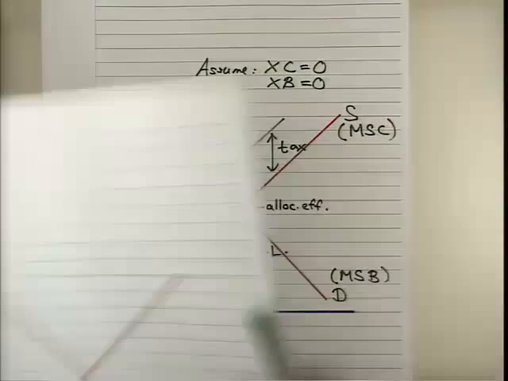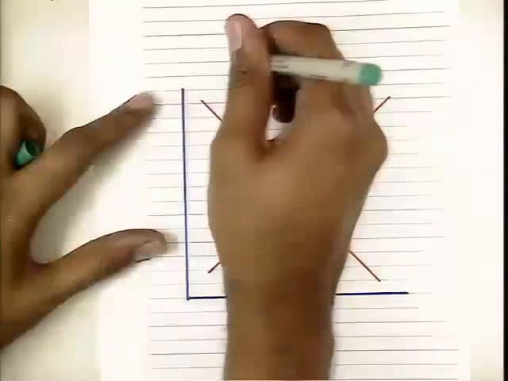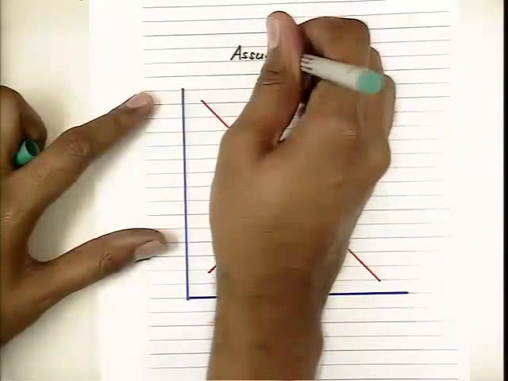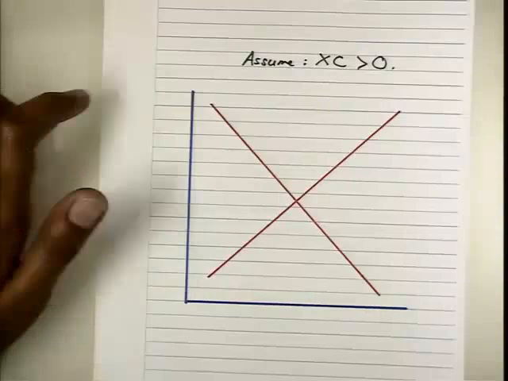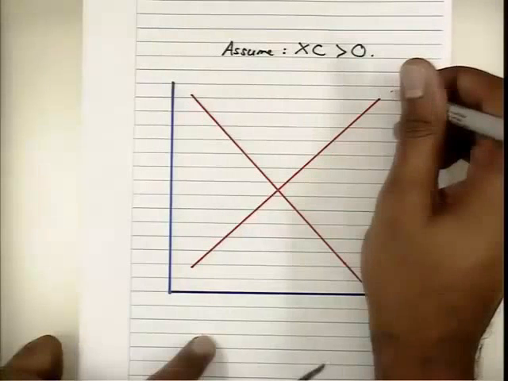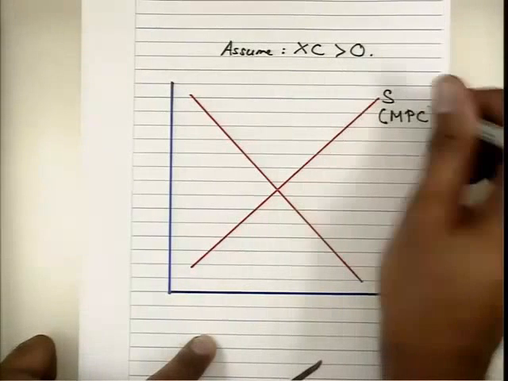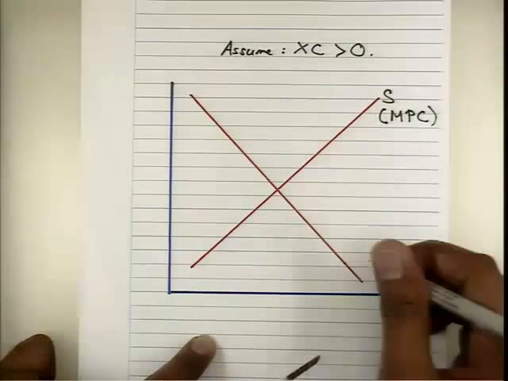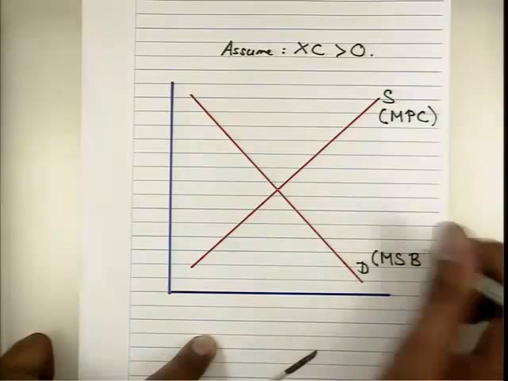Now, let's say we have an externality. Let's assume we have a positive external cost. If we have a positive external cost, the supply curve is actually the marginal private cost curve, and the demand curve will still be the marginal social benefit curve.